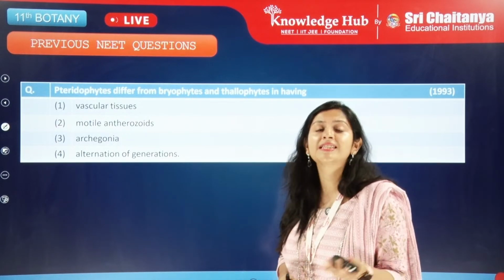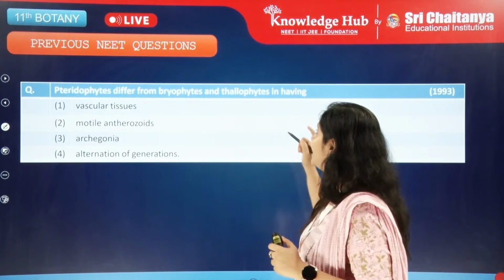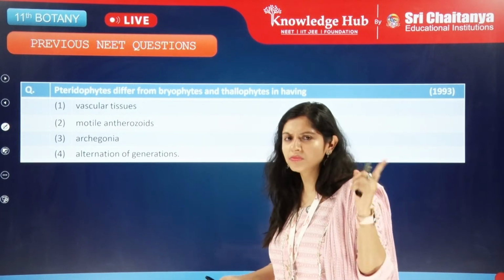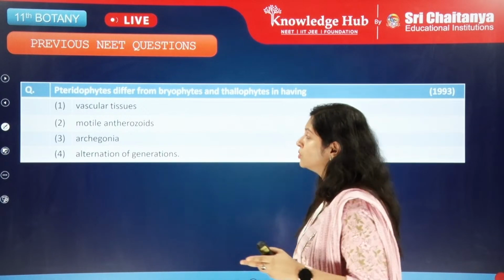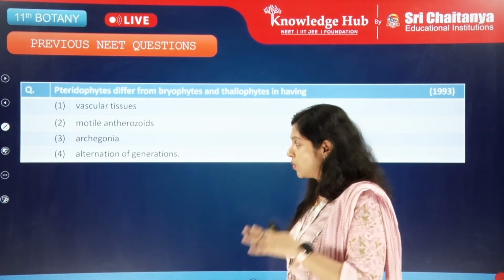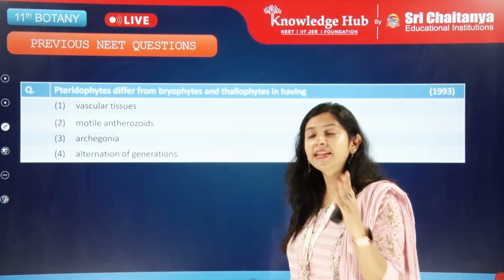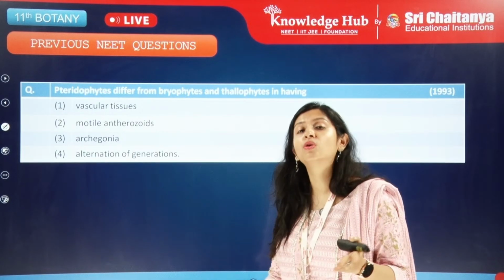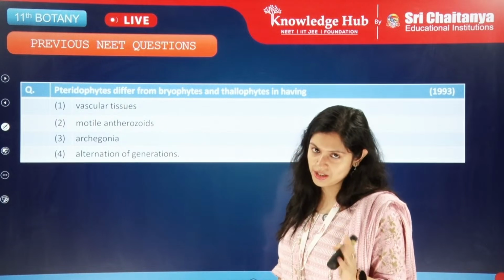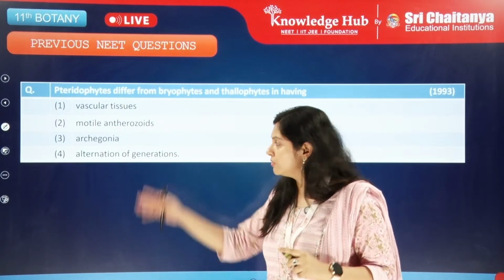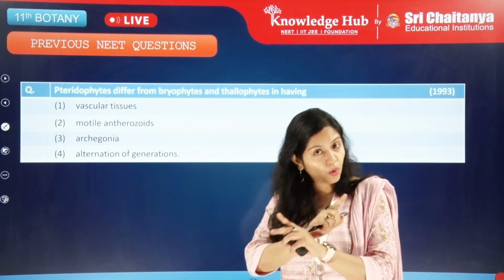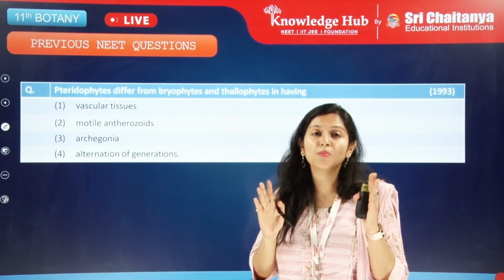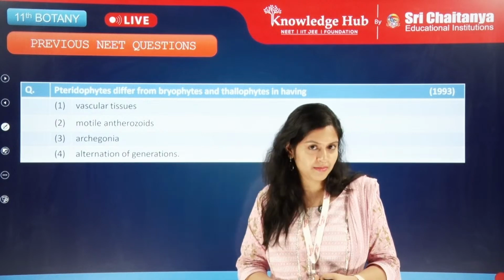Different from the bryophytes and thallophytes in having what? Number one, vascular tissues. Number two, motile antherozoids. Number three, archegonia, and number four, alternation of generations. Which one of the following do bryophytes and thallophytes not possess, which is possessed by the pteridophytes?